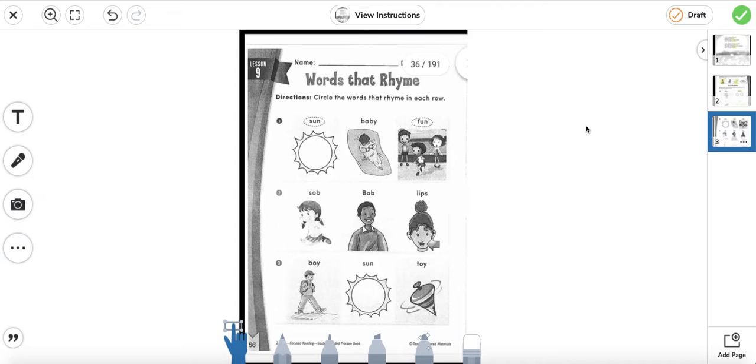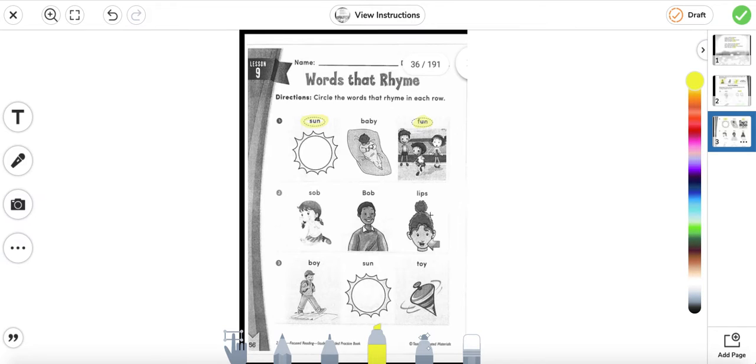Last page for reading. Words that rhyme. Directions: circle the words that rhyme in each row. So number 1, we have sun, baby, fun. Which of those rhyme? Sun, fun. Sun, fun, and we know they rhyme because they have the same ending sound.